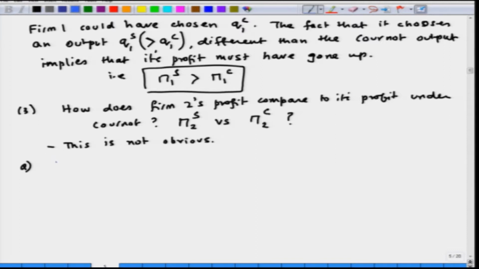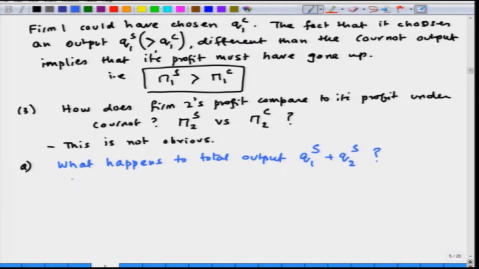So, let us first ask what happens to total output, which is Q1S plus Q2S? In other words, what can we say about this total output compared to that under the Cournot model, right.